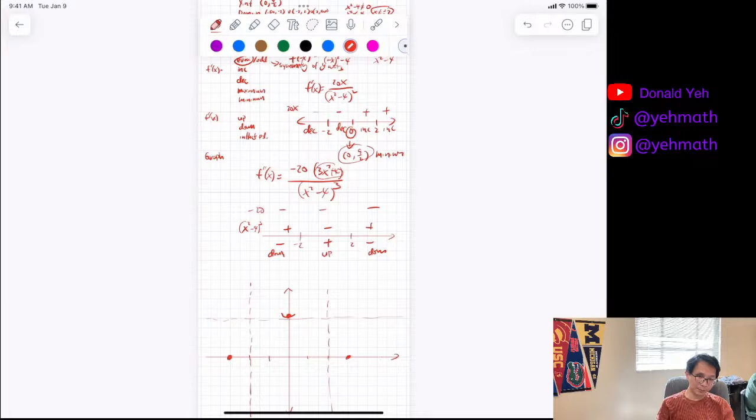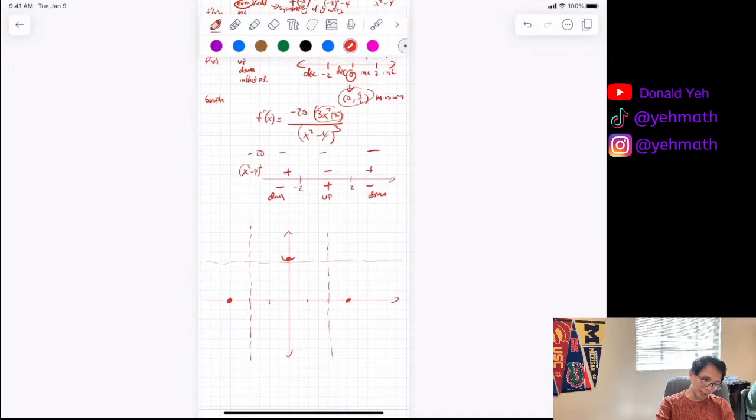So there's a horizontal asymptote. So let's look at the -3 region. The -3 region is going to be decreasing and concave down. So the only one that's decreasing, concave down is going to be like this.